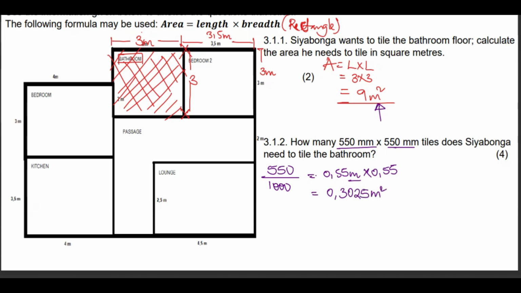These are meters squared. Then the number of tiles is equal to the area of the bathroom divided by the area of only one tile, which is 9 meters squared divided by 0.3025.